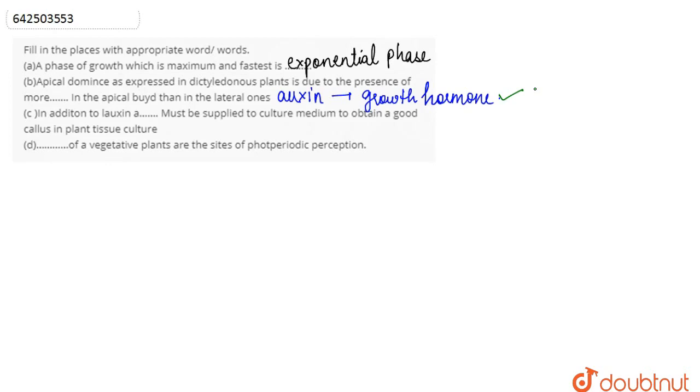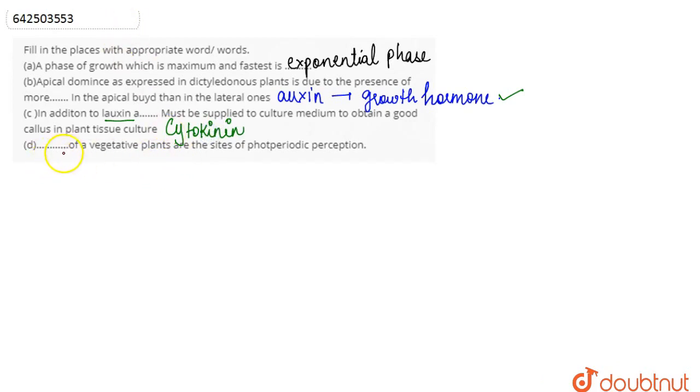So for the growing, some growth hormones are required. One of the growth hormones is auxin, right? And synergistic to it is the cytokinin that will carry out the better growth and development of the plants in the tissue culture.